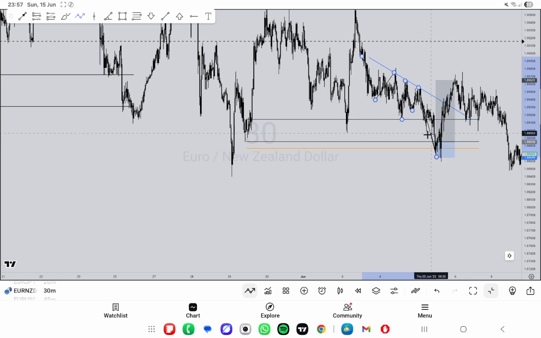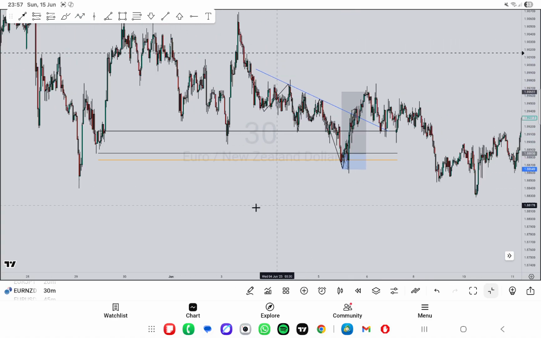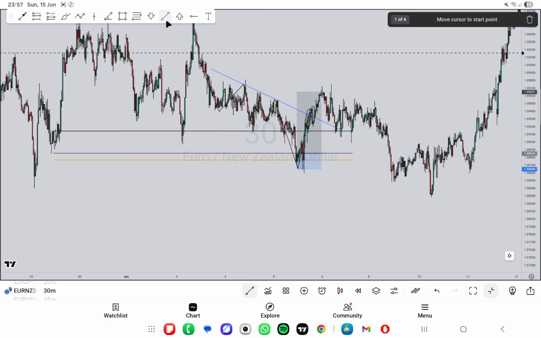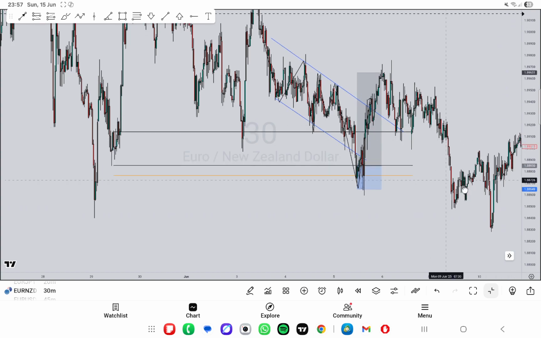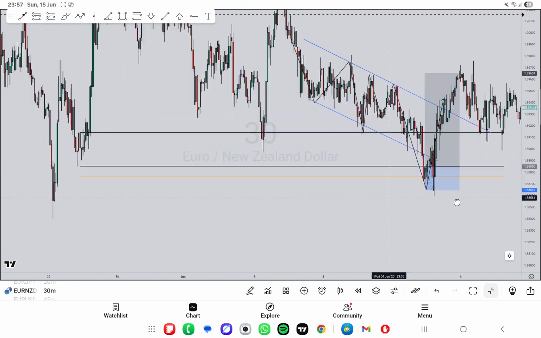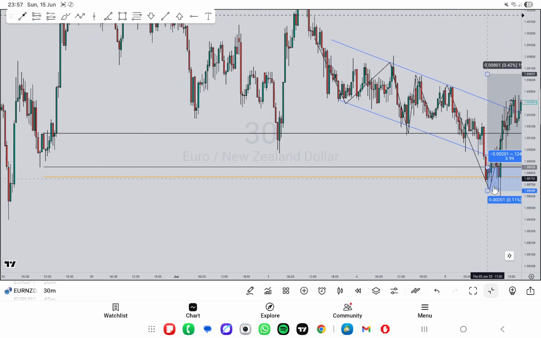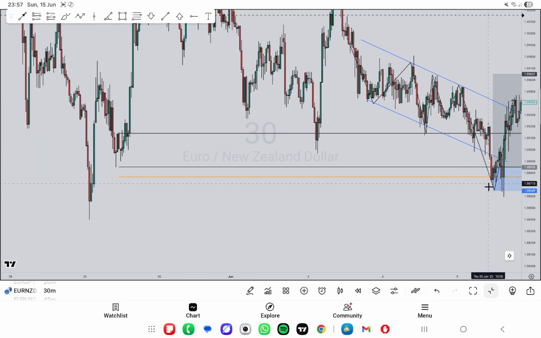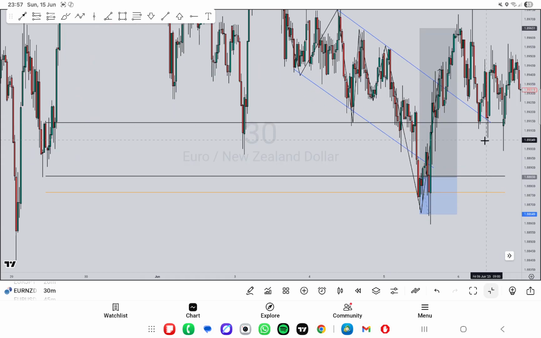So typically when you see this, it is usually a fake out, and then you can expect a move higher. So I was expecting a reaction here, and then I saw this fake out.